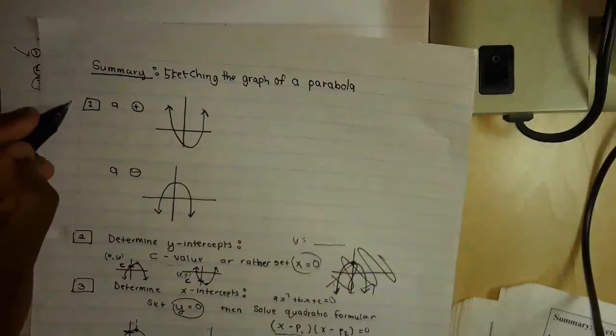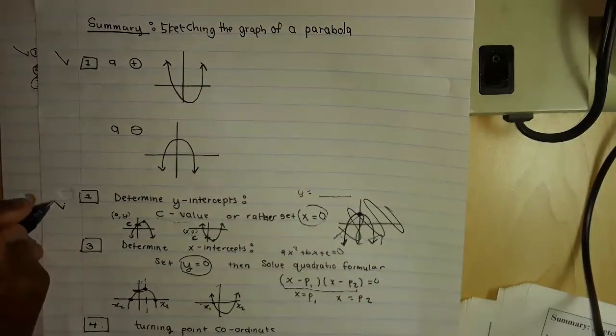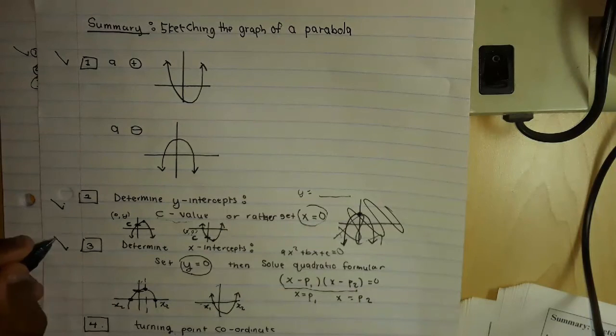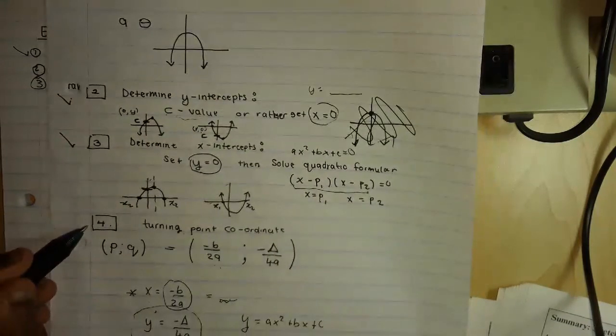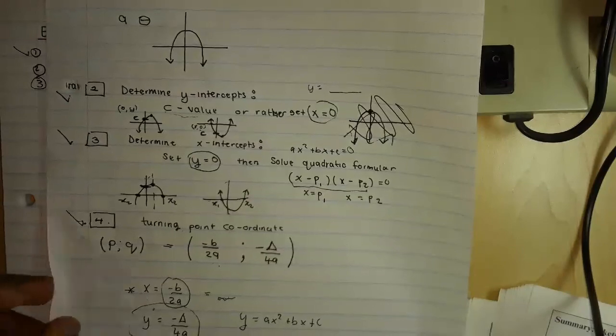Because we already have our a, we are sorted with that. We would have to determine, using that equation, the y-intercept, and then determine the x-intercept. But the turning point, since we already have our equation in turning point format, is sorted already. So that would be fine.